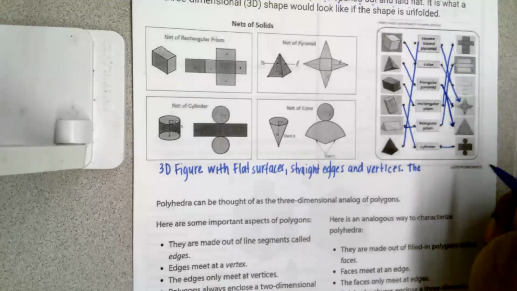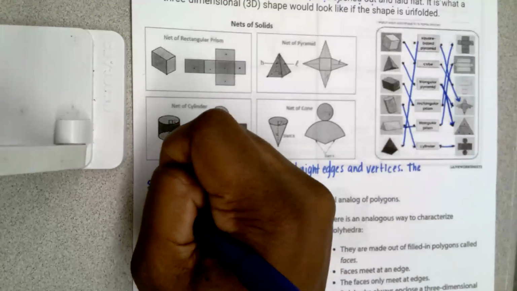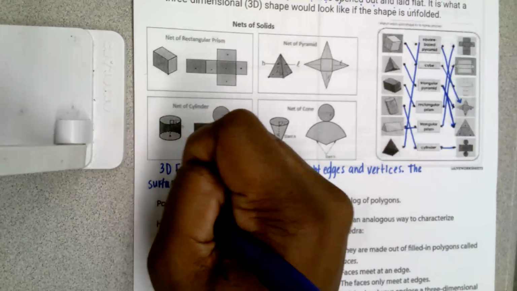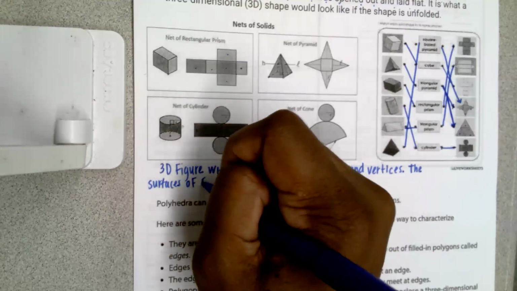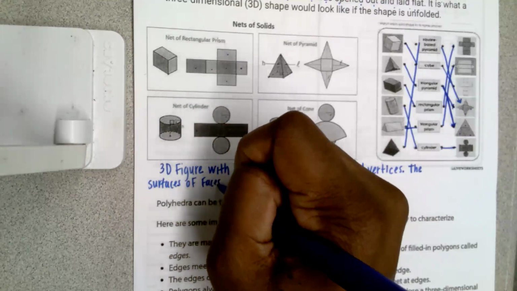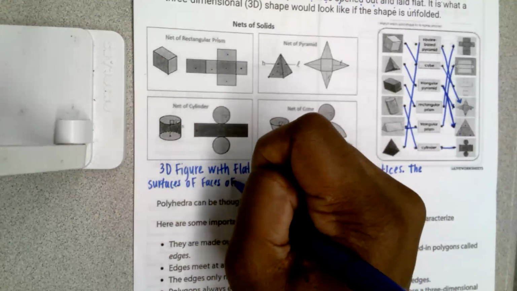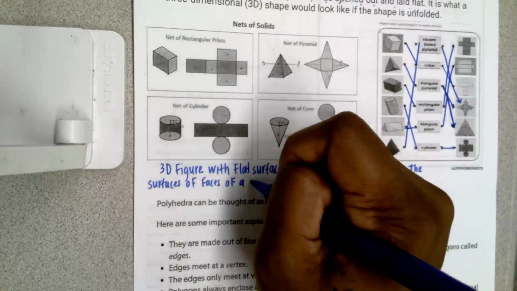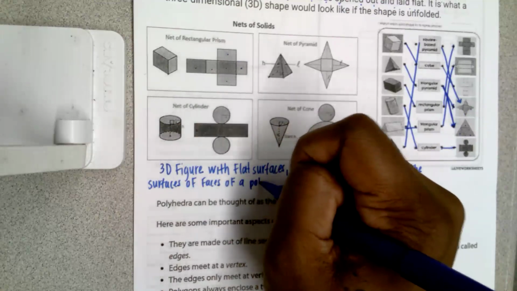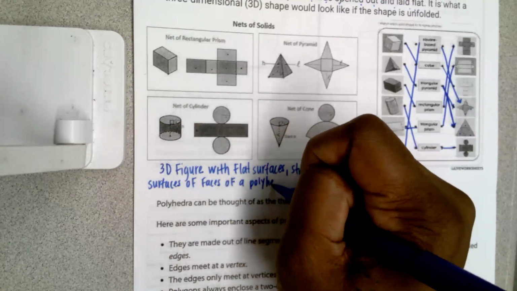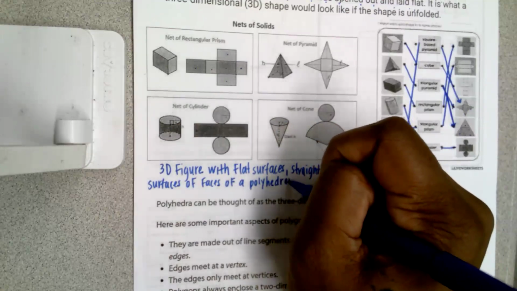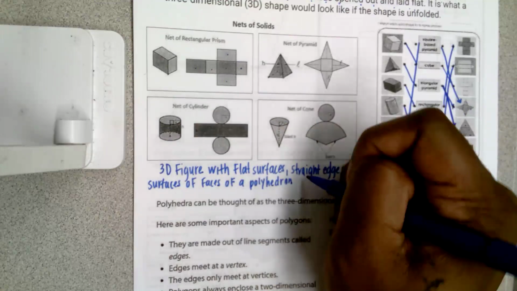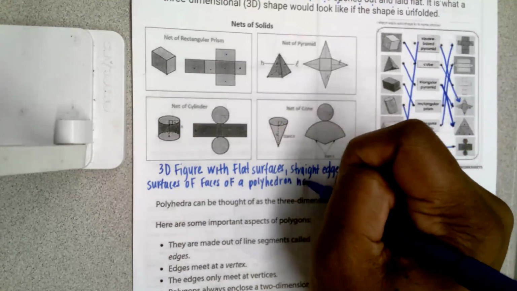The surfaces, or faces, of a polyhedra or polyhedron have to be polygons.